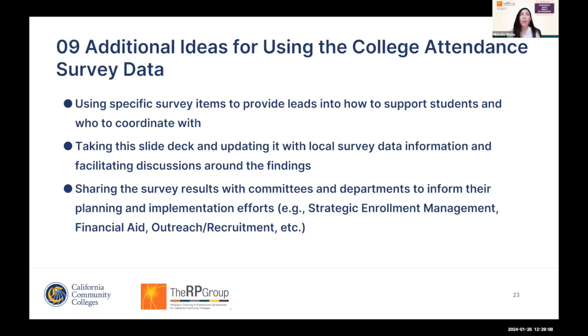Those technical tables include different levels of disaggregation to help key in on differences, specifically at your college level, where you might see more students who are new or prospective need this, versus students who are previously enrolled saying something else and needing different levels of support. Using those specific survey items and connecting students to the supports they say they need is one way the survey data can be used.